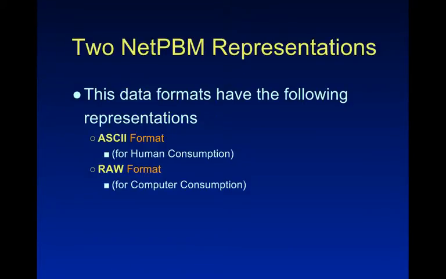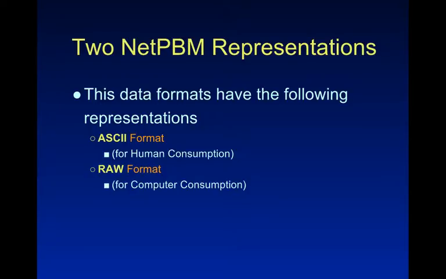There is, however, this division between the two: ASCII, which I term being for human consumption, and a raw format meant for computer consumption. In other words, you're not supposed to be able to look at a raw file and make sense of it, whereas you can probably look at a NetPBM ASCII file and say, okay, I know what this image should look like. Those are two representations.